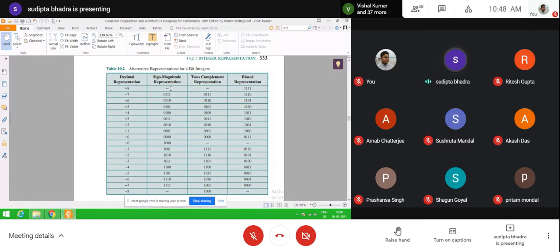So how can 8 be represented? We can represent 0 to 7 by sign magnitude and 2's complement if we are using a 4-bit integer and using 1 bit for the sign.